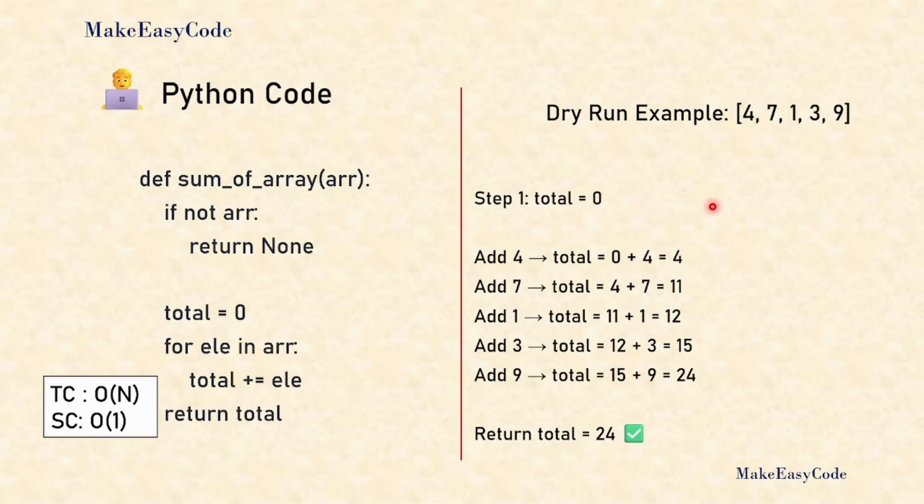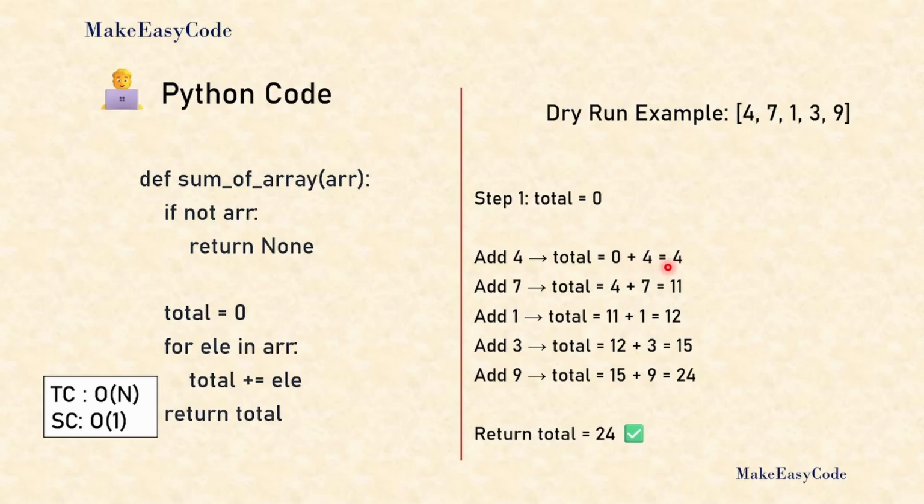So very first, total equals 0 as it is initialized. Now the very first element, that is 4, will be added to the 0. So here you can see it is 0 plus 4 and the output we get is 4.